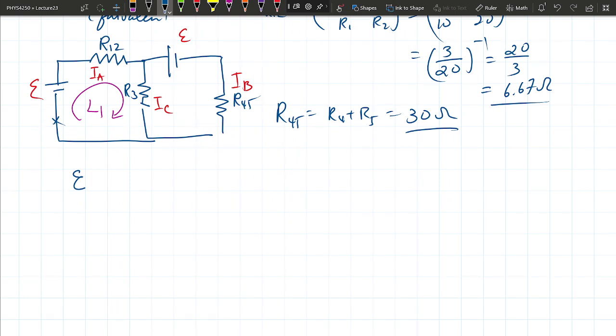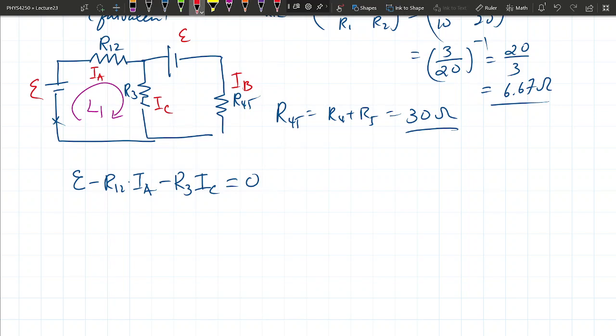Then when I reach R12, I'm going to drop, and drop means negative: R12 times whatever the current is going across that resistor. That's Ohm's law. When I get to here, this is going to be R3 times what? IC, that's the current going through here. What should this be equal to? Now I'm here again on this loop. 0, because you should not change your voltage when you go around a loop.